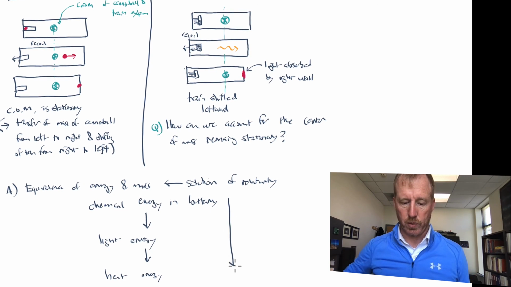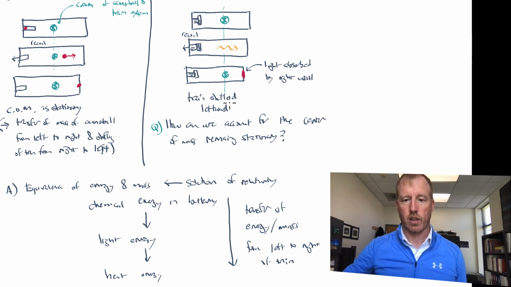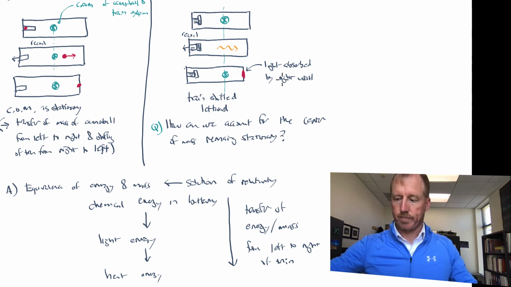So throughout this process, there is a transfer of energy, which is, again, equivalent to mass, from the left to the right of the train. So while the train itself has moved from right to left, the energy has moved from left to right so as to keep the center of mass stationary.